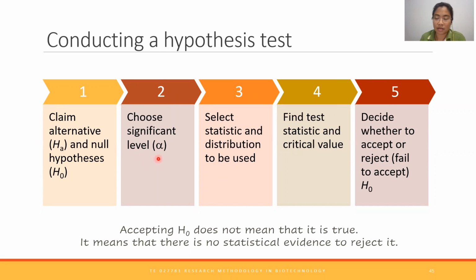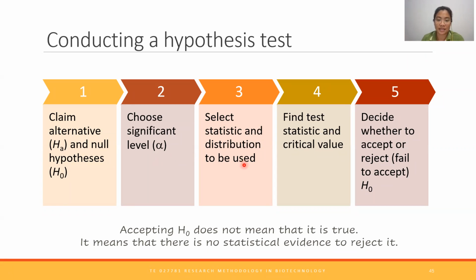The next step is you have to ask what is the significance level at which the test has been performed. It could be alpha 0.05, 0.1, or 0.01, but the general rule of thumb is alpha 0.05.